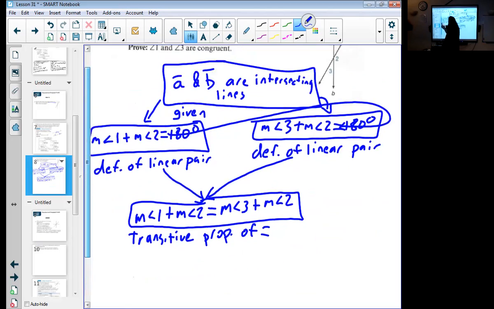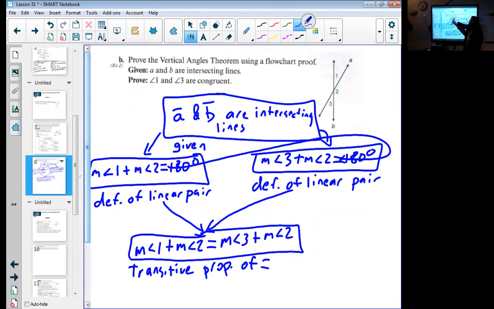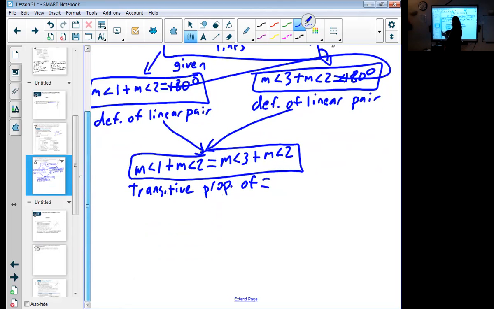Now we have the answer that we were looking for. Not quite, but we have close to the answer we're looking for. We have measure of angle 1 is equal to the measure of angle 3.